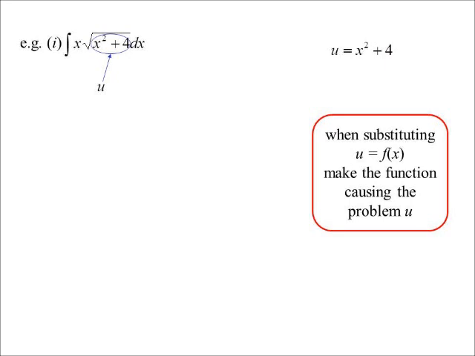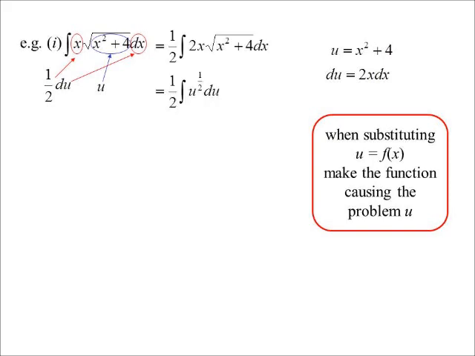The derivative du/dx would be 2x. So now I've also got to replace dx, because I can't integrate u with respect to x. I have to have it with respect to u. So I know that I can substitute du in for 2x dx. Well, I've got 1x dx there, so I've got half of du.